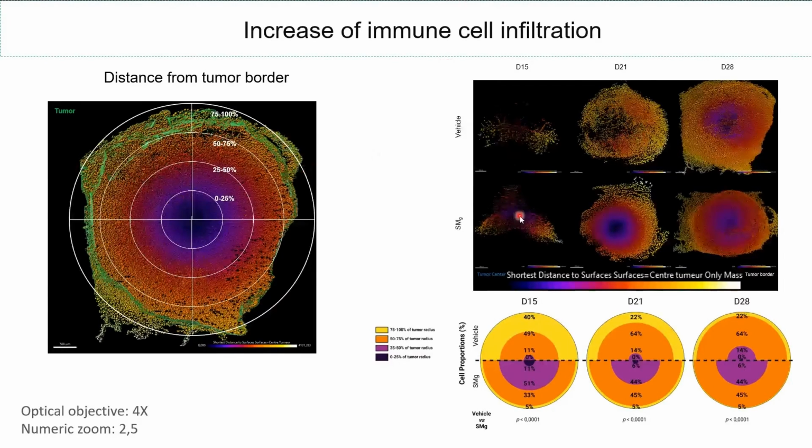And what we obtain is that with the treatment, we can find immune cells inside the tumors, but much earlier, and already after 2 weeks, we can have a lot of immune cells in the center of the tumor, and this tendency is maintained during tumor growth. So we have promotion of immune cell infiltration inside tumors when inhibitors of apoptosis proteins are inhibited.